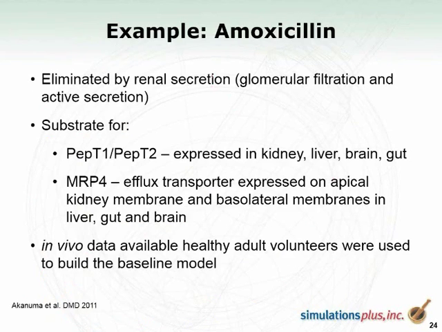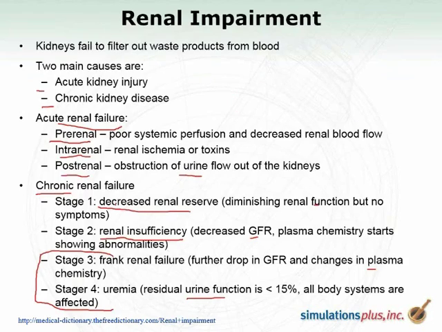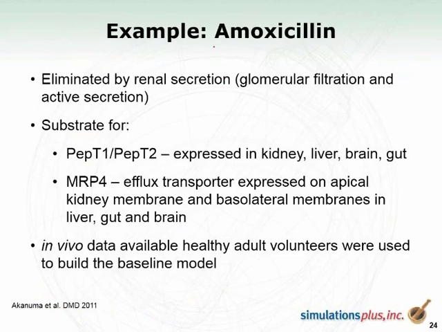And for that one, we'll go straight to the example that we have, and the data that we have are again more on just the kidney function. So the example, we have amoxicillin, and you might have seen this example shown at the AAPS a couple of years ago. Amoxicillin is a compound which is eliminated by renal secretion, mainly by glomerular filtration as well as active secretion.